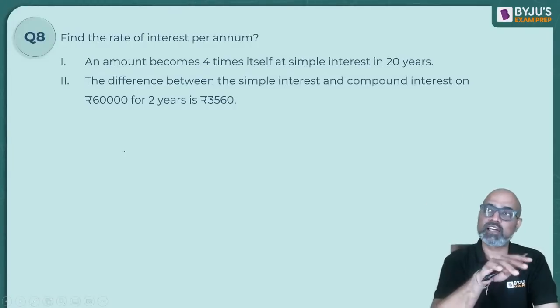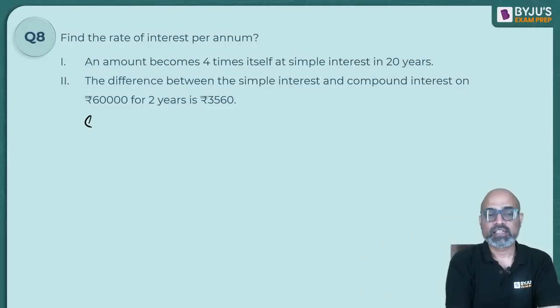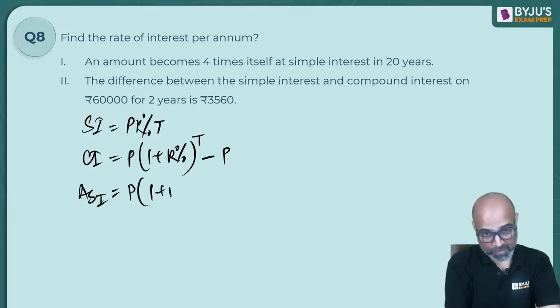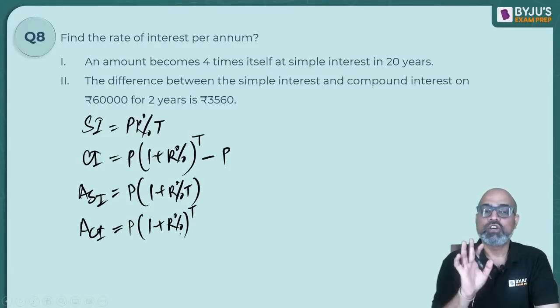Out of these 6, there are always three things together. In simple interest, you have P, R percent, T. In compound interest, you have P (1 plus R percent) whole power T minus P. Amount under simple interest is given as P (1 plus R percent into T). And amount under compound interest is given as P (1 plus R percent) whole power T, right?